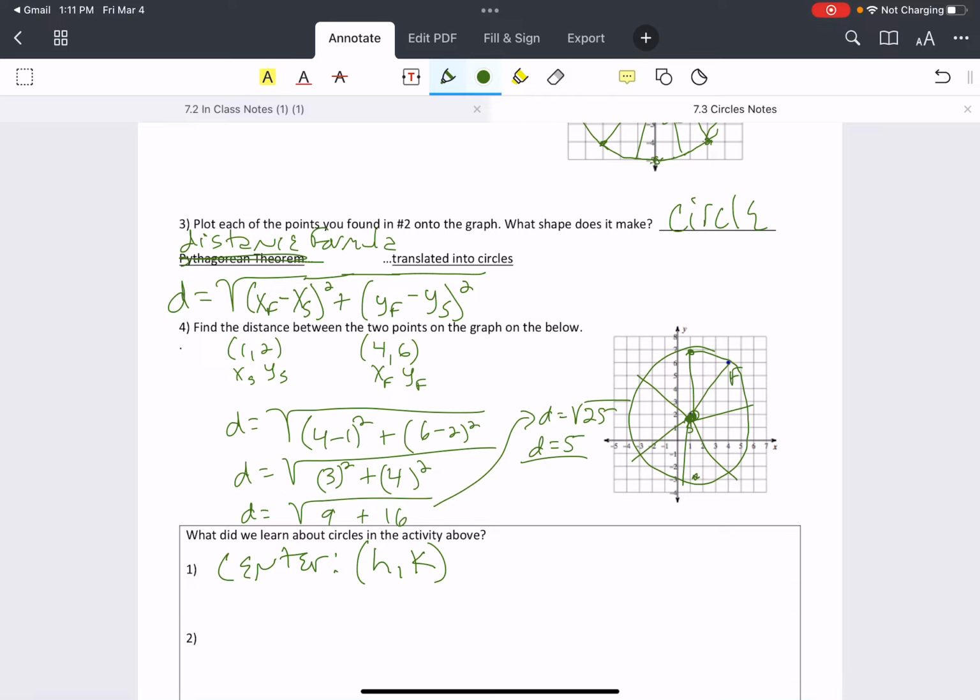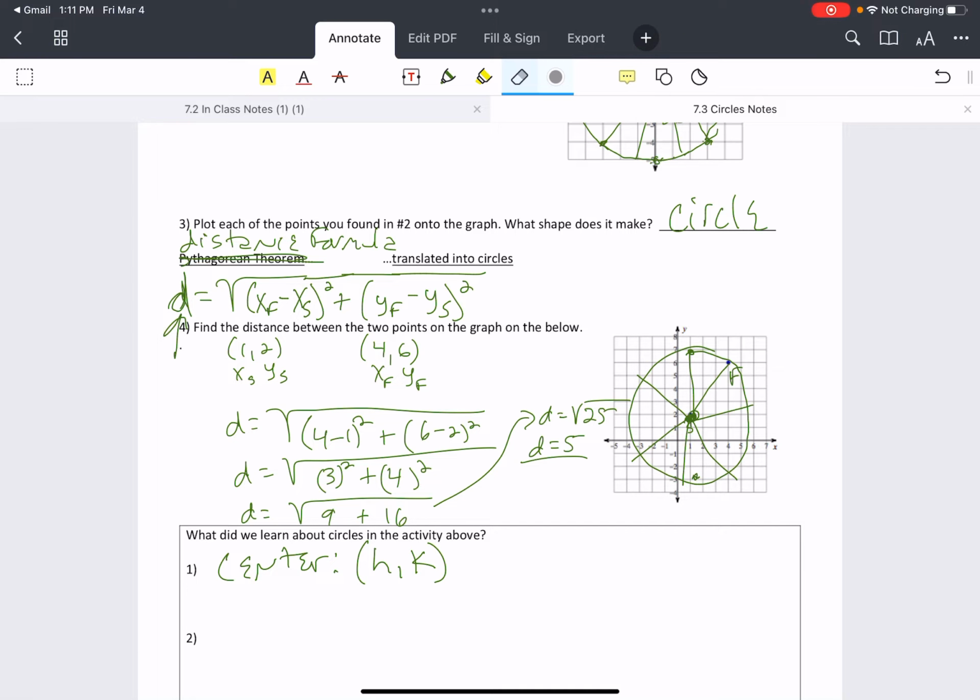The other thing that's going to be the same for every point on the circle is this D, this distance. What's that going to be for every point on the circle? Go on. Don't overthink it. What's that distance D going to be for every point on the circle? 5 or radius.